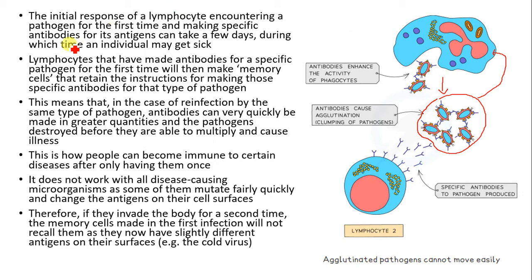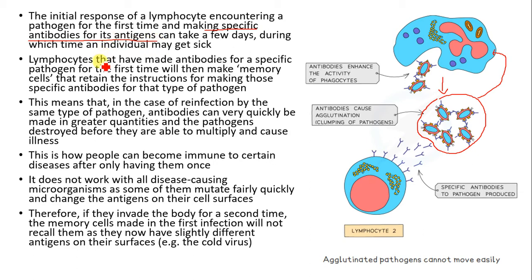Now, reading this through, you find out that the initial response is of a lymphocyte encountering a pathogen for the first time and making specific antibodies for its antigen. This can take a few days, during which time an individual may get sick.